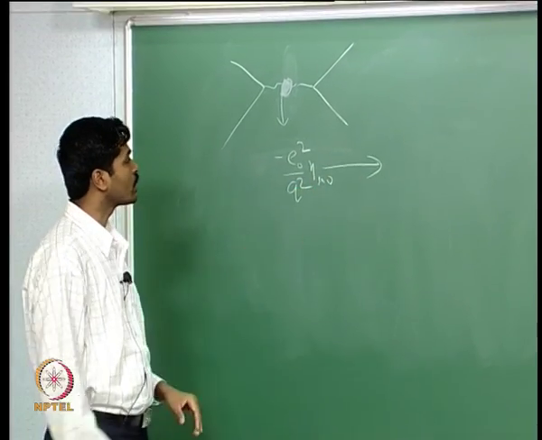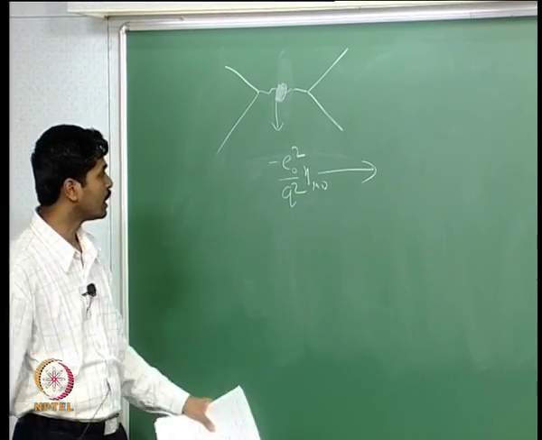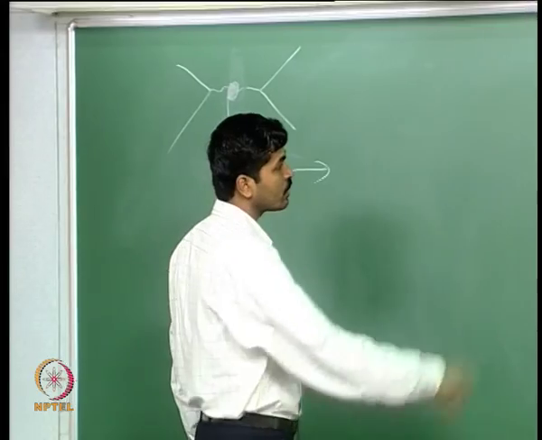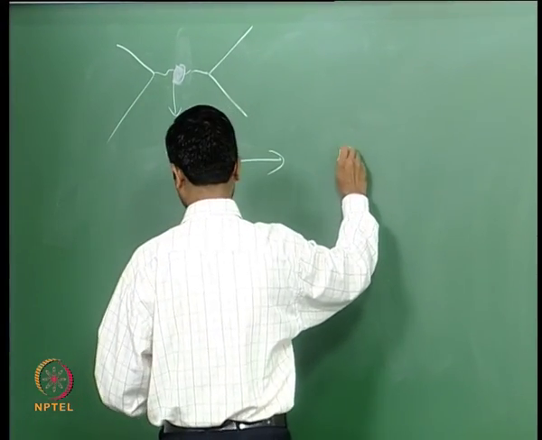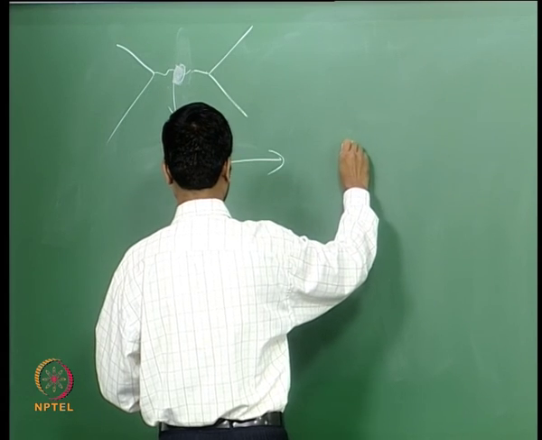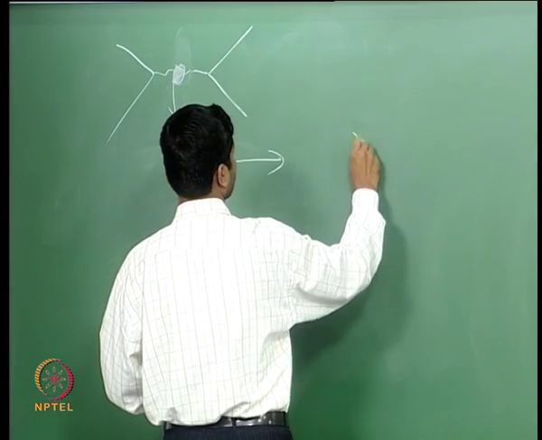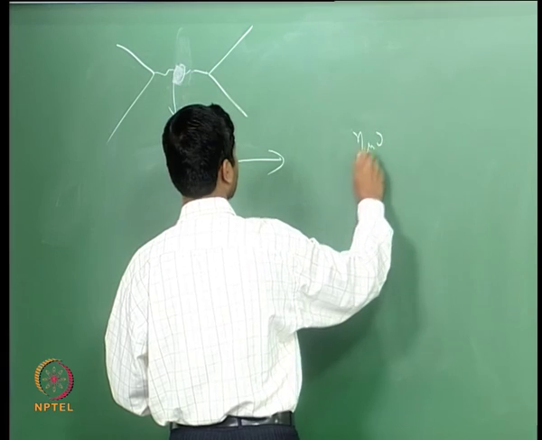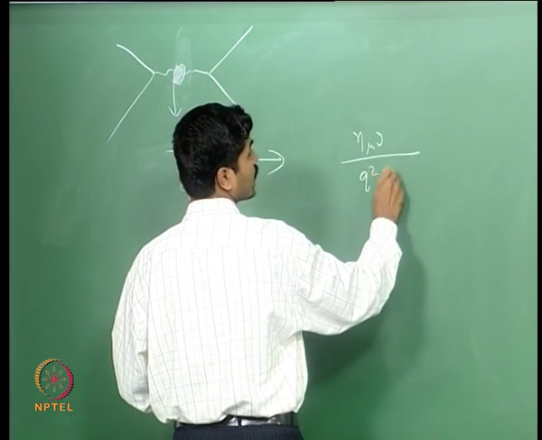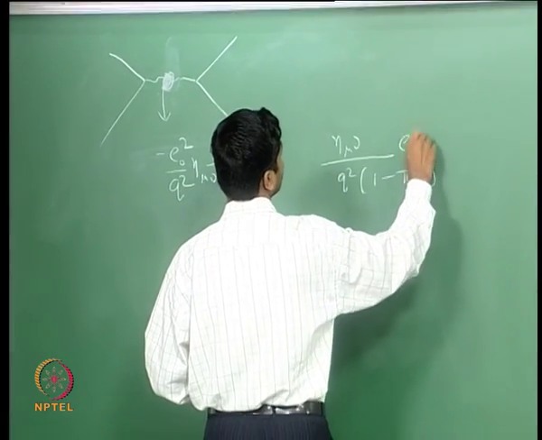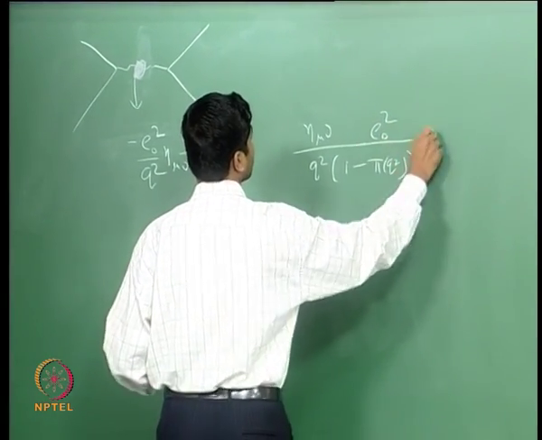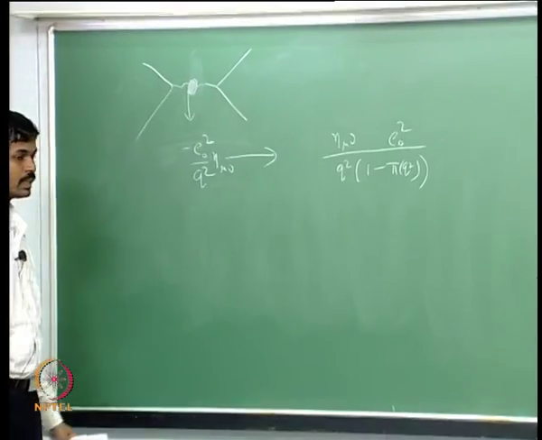Now, if we include all the quantum corrections, then instead of this, we have just now shown that what we get is simply eta mu nu divided by q squared times 1 minus pi of q squared, times e0 squared.